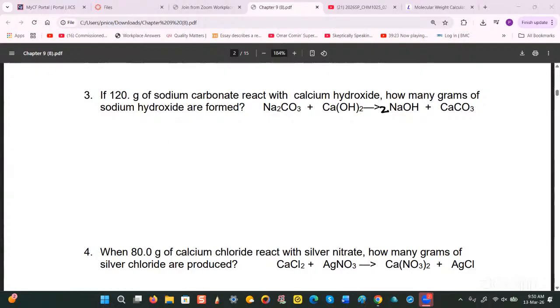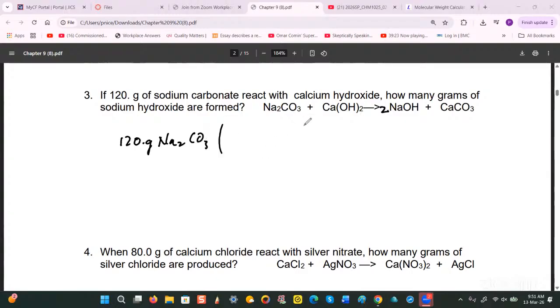Now that we have the equation balanced, what's the next step? Well, first we have to start off with what we're given, right? 120 grams of sodium carbonate, right?